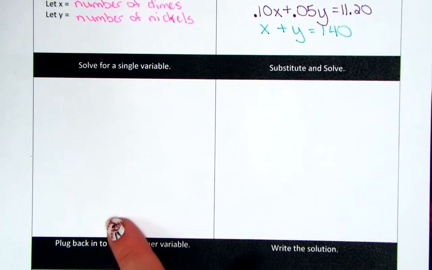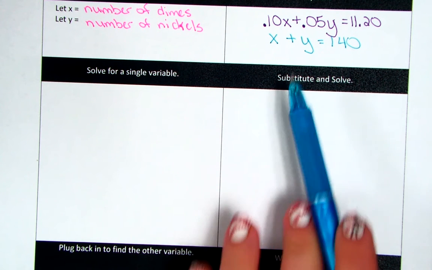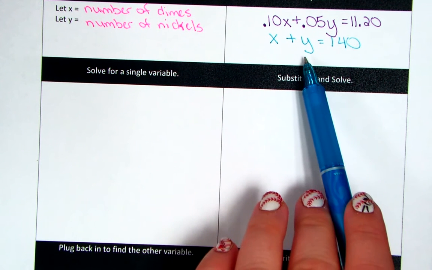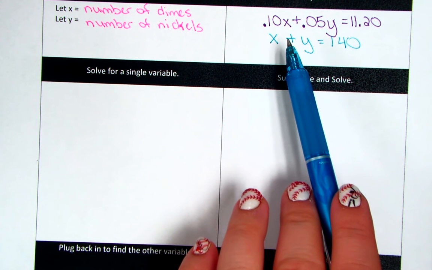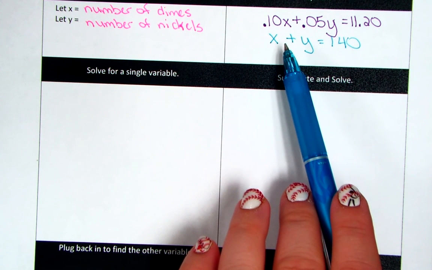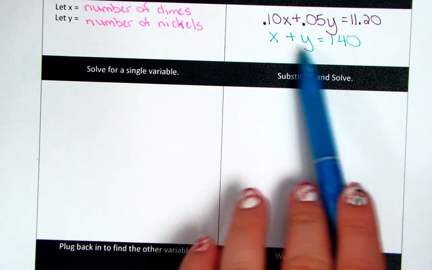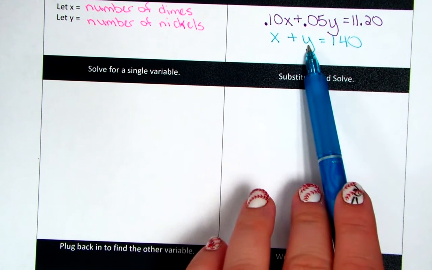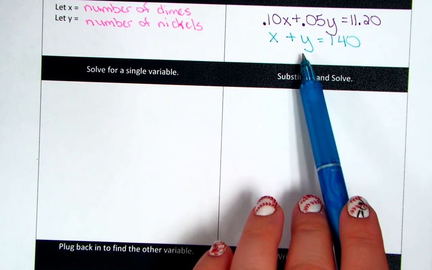We're going to solve for a single variable. Well, that means that we have to ask ourselves, is there already a variable that's by itself? And there isn't. So we need to look to see, is there one that's easier to get by itself, meaning it doesn't have a number already written in front of it? And there is. When we look at the variables, both X and Y would be easy to get by themselves because 1 is in front of them.